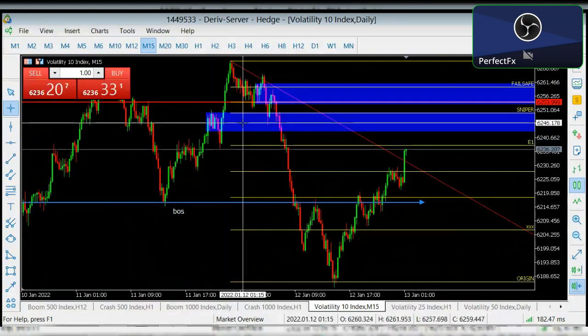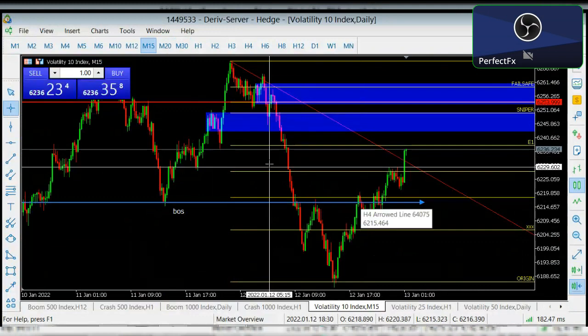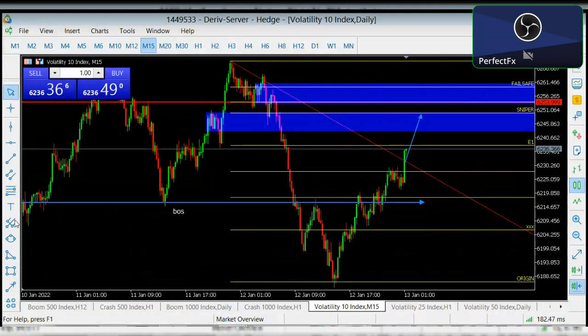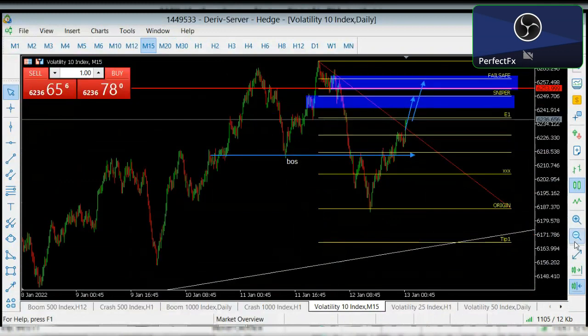So guys, on the 15-minute time frame, I'll be waiting for market to buy to this sniper level, or buys from this present point to the fail safe level before I take my trade.